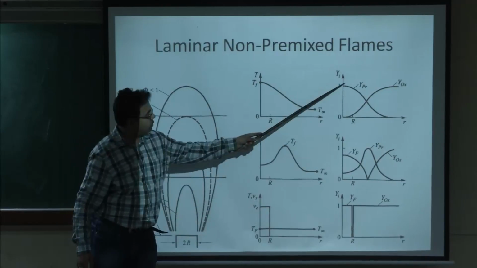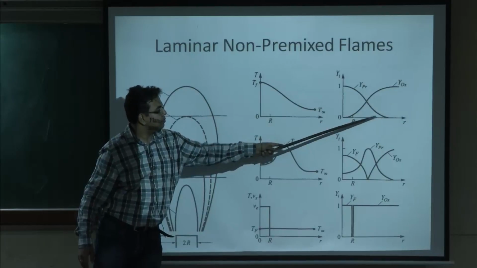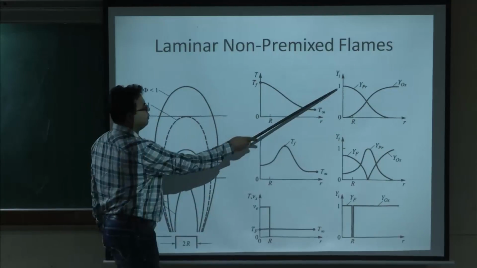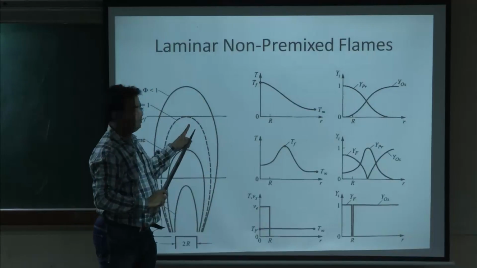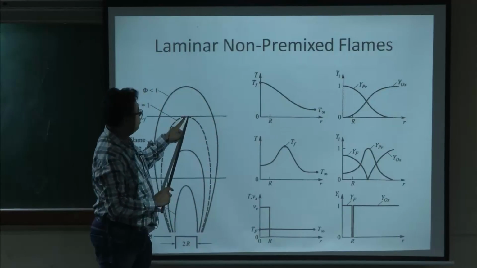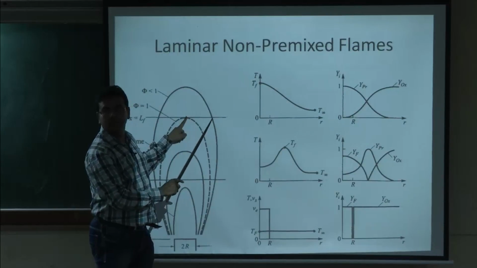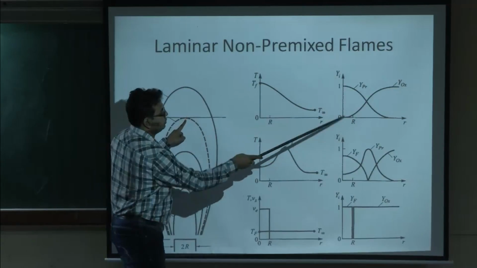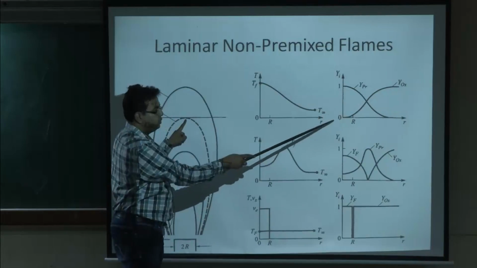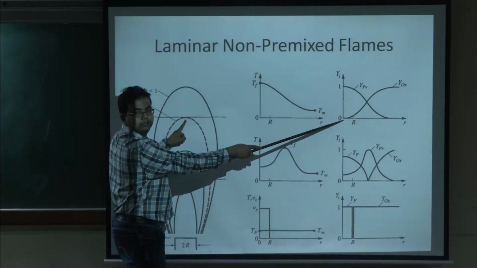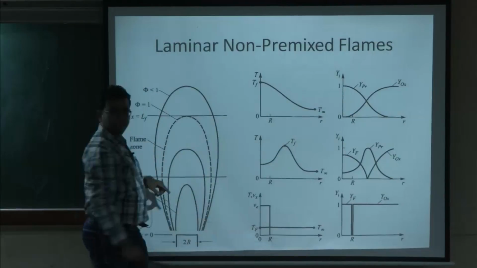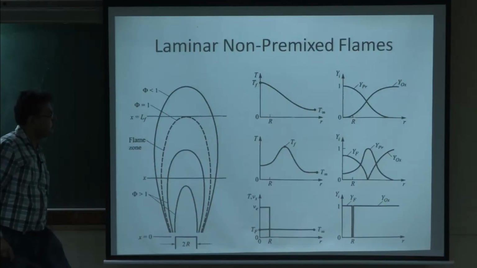So, products are formed here, okay. So, at the center line there will be some amount of product, okay, but here oxidizer cannot exist, oxidizer will be away from this line, okay. So, you see the oxidizer profile like this. So, it is 0 at r equal to 0, but it is non-zero if you go away from this, okay.